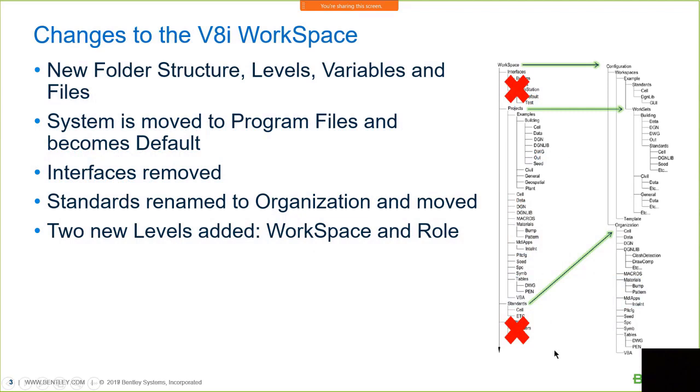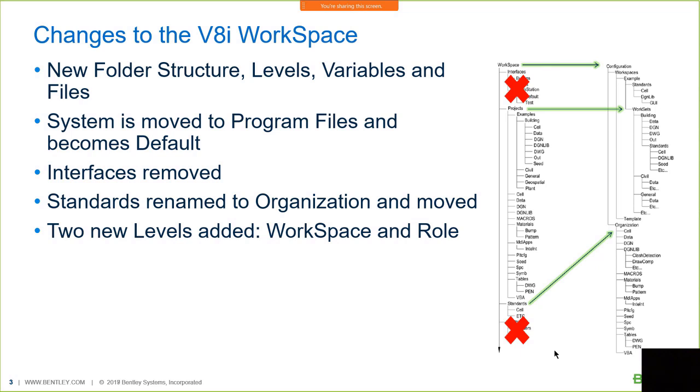We have been making a lot of changes to Connect Edition as compared to V8i, and one of the major changes that we made was to the configuration system. In V8i, we used to call that the workspace.